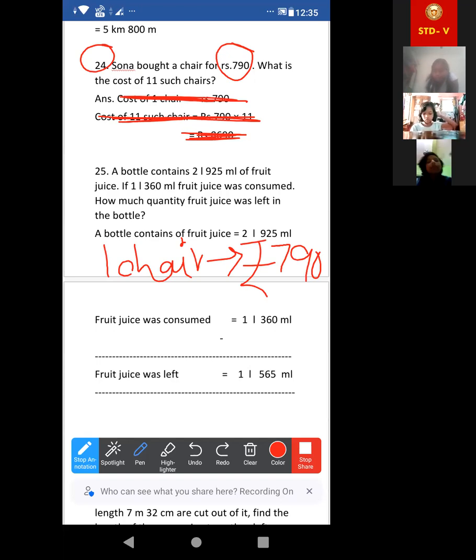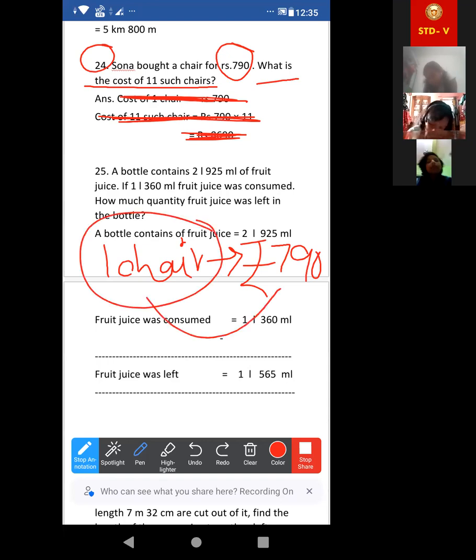Now it is asked, what is the cost of 11 such chairs? Cost of one chair is given, 790. What will be the cost of 11 chairs? So what to do? Multiplication. Good. Yes, yes. Okay, good.